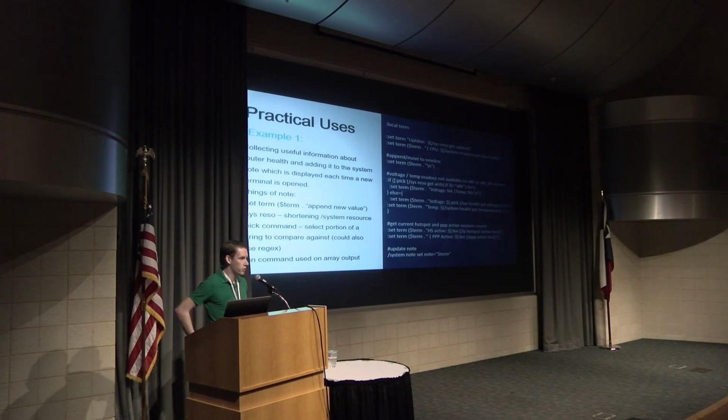So it's not the length of all the individual bits and pieces inside, but the number of items in the array. In this case, if there's 10 users online, the array is going to spit out 10 items, and the length command is going to tell me that's how many there are. Each time I've set the terminal command, I've appended the next value to it, and then right at the end, I've updated the system note to reflect that.